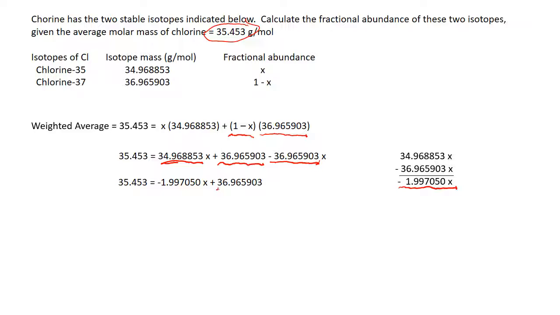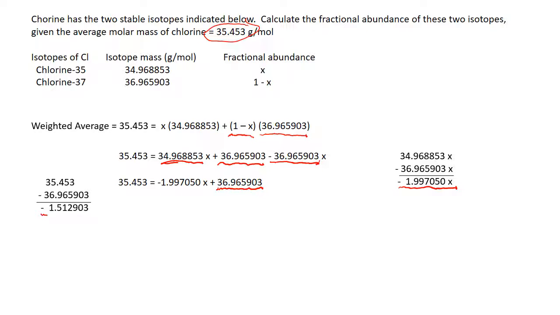Next, I'm going to subtract the 36.965903 from both sides. That makes that go away from the right-hand side, but now I need to change the left-hand side. So let's go out here to the left and do that calculation. 35.453 minus 36.965903. When I do that math, I get minus 1.512903, and I'll again keep all those digits of precision for now.